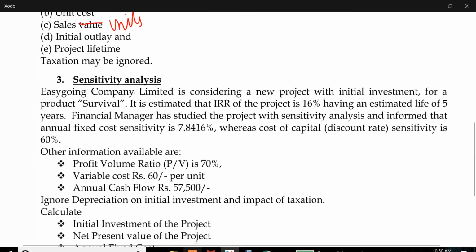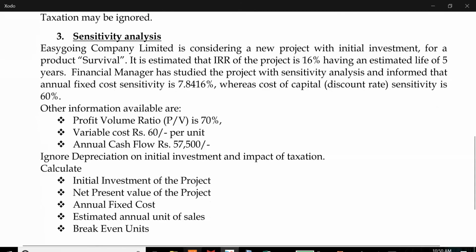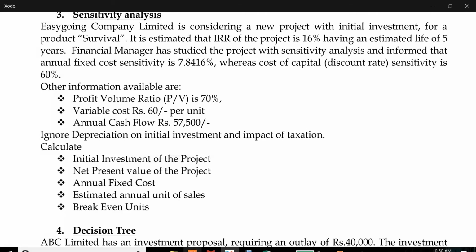Let's do question 3. Go through the question.